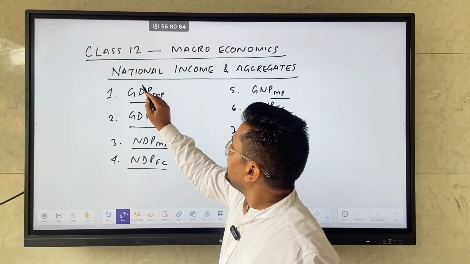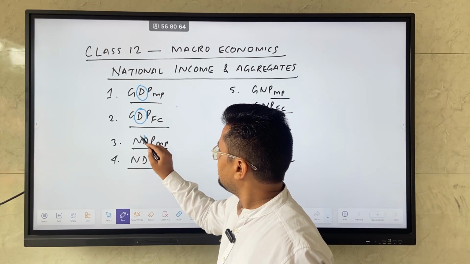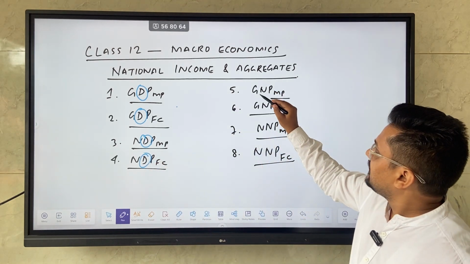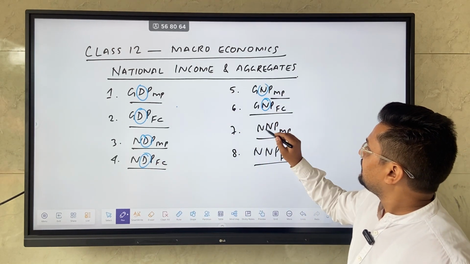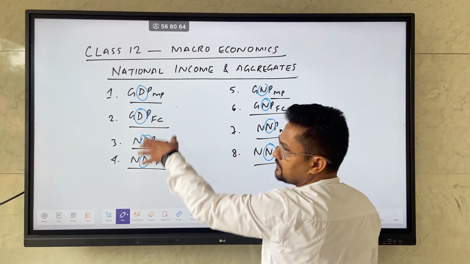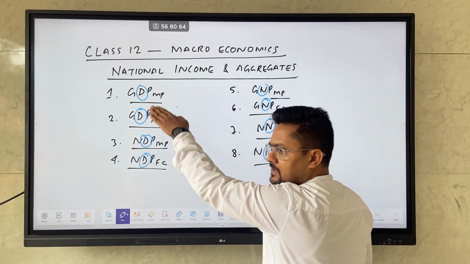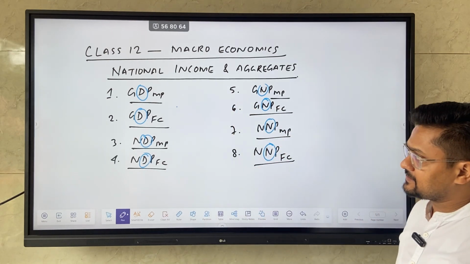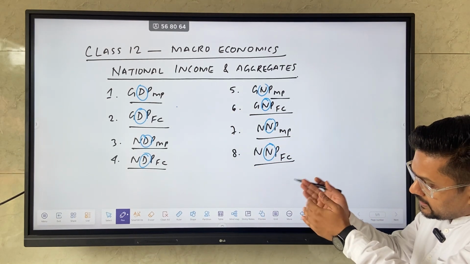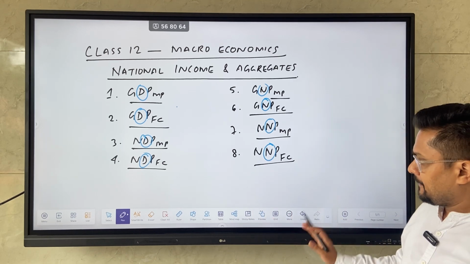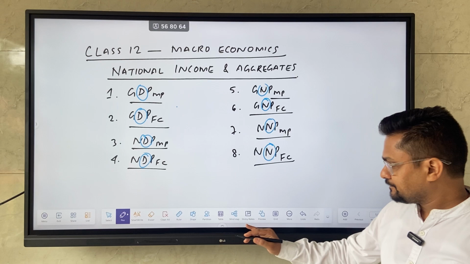So you see D, domestic, and out here we see national, N. So this is the difference between these two columns, right? So all these are domestic aggregates and these are national aggregates. Now we are going to study how these are related to each other. Okay. Now next slide.